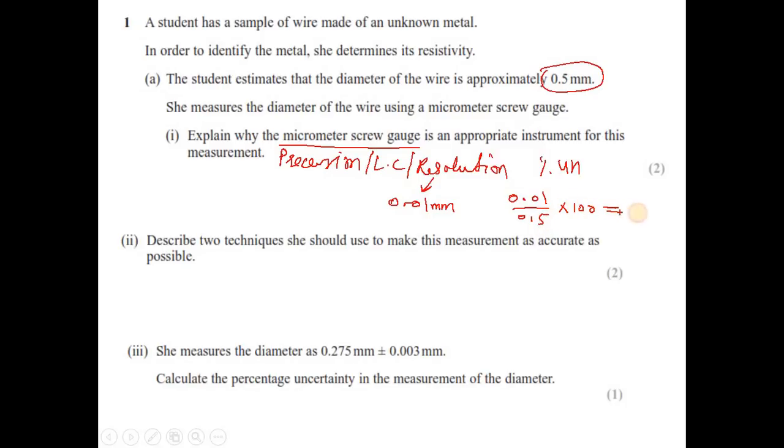Then it will give you the value around 2%, and this 2% is a percentage uncertainty which is very small. That's why we use this particular device to measure such types of measurement like diameter. So we talk about resolution and the percentage uncertainty.